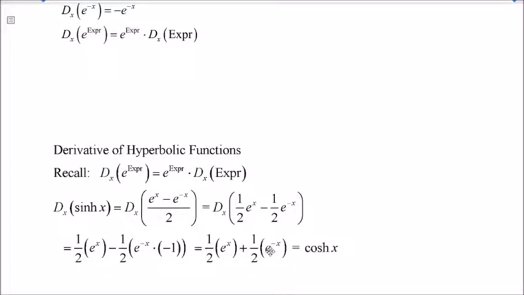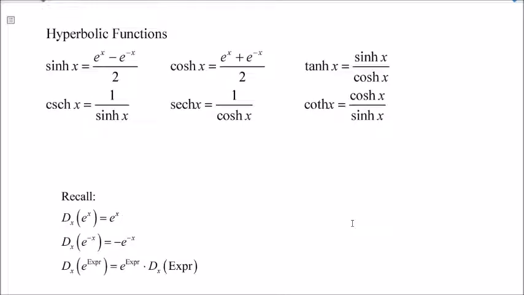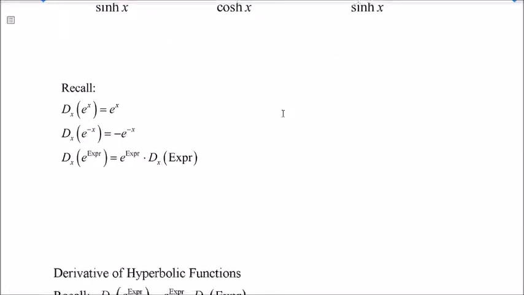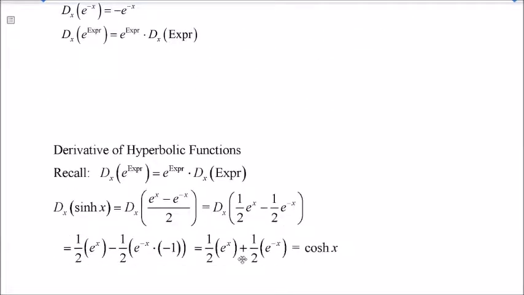If we look back at the definition, hyperbolic cosine of x is defined as e to the x plus e to the negative x divided by 2, which is the same as 1/2 e to the x plus 1/2 e to the negative x. And that's what we have right here.